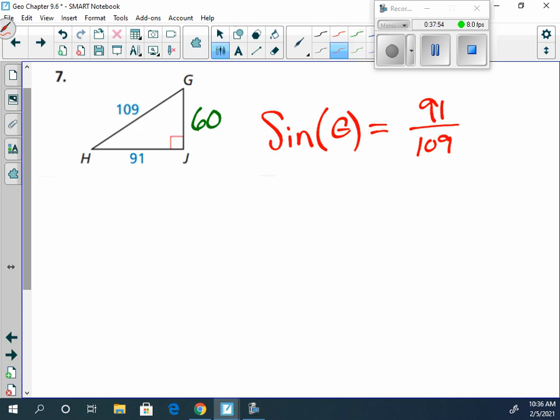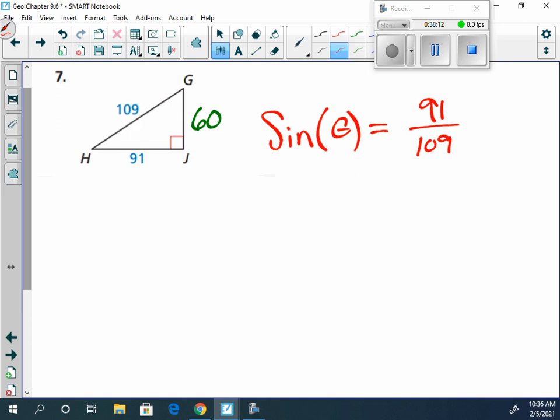All right, so opposite angle G would be 91. I gave you the answer to that. And then the hypotenuse would be our 109. So we need 91 over 109.